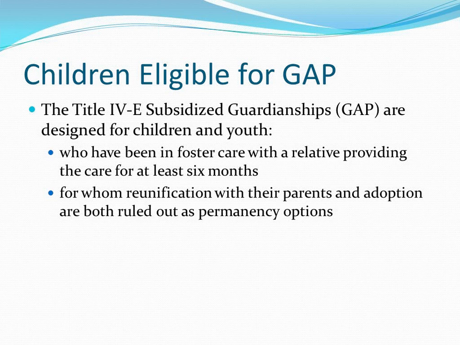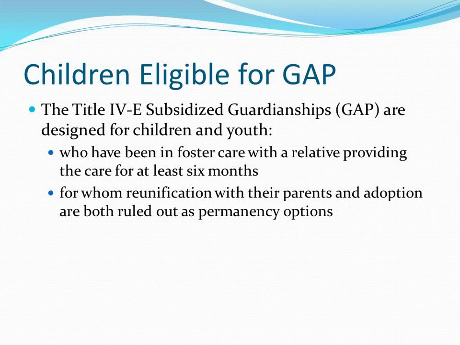Also, they would have to determine that reunification with the birth parents and adoption are both ruled out as a permanency option. Reunification, of course, is ruled out because the family has such serious issues that there's no hope of the child returning to the parents.